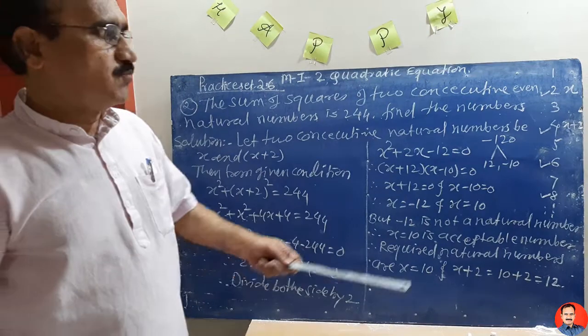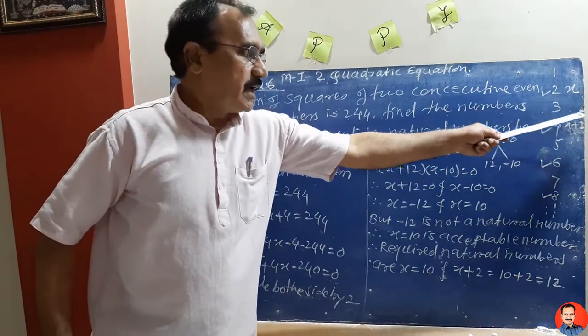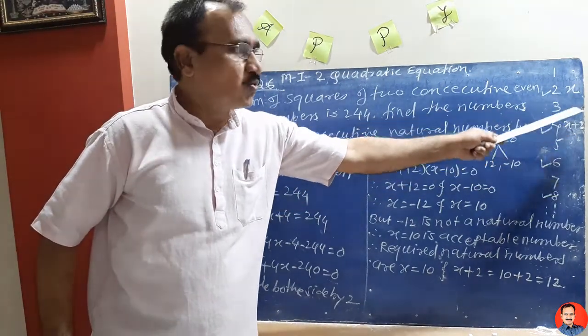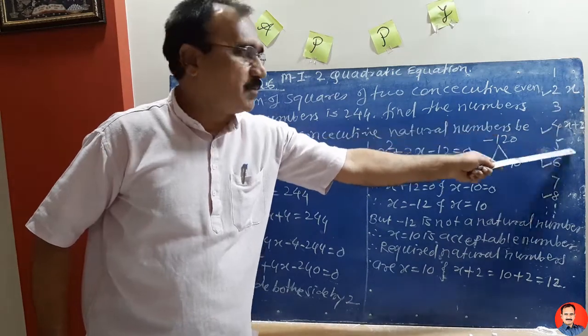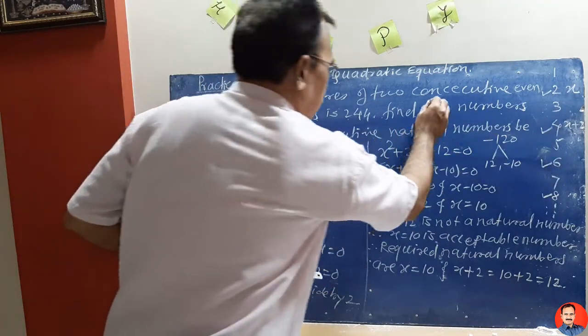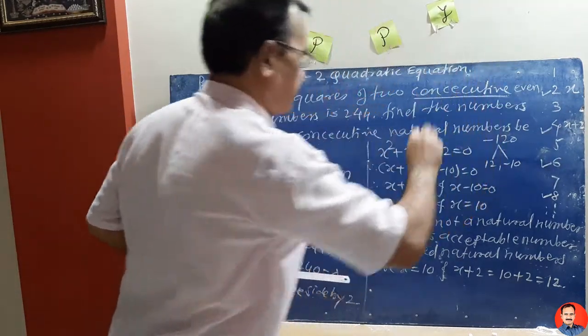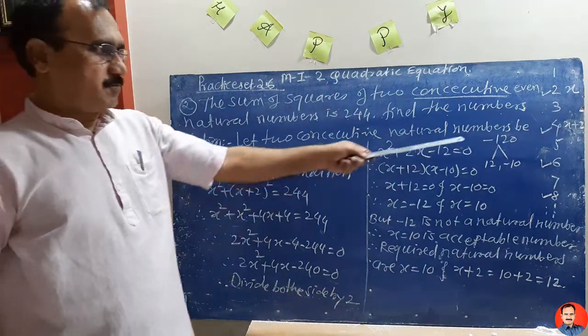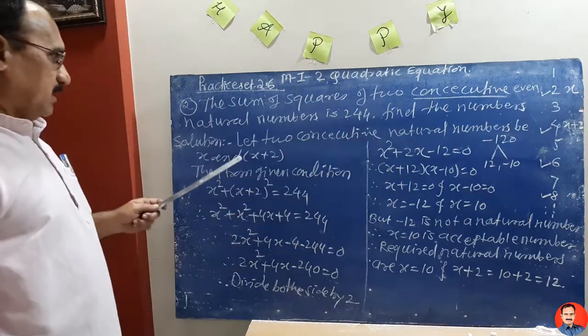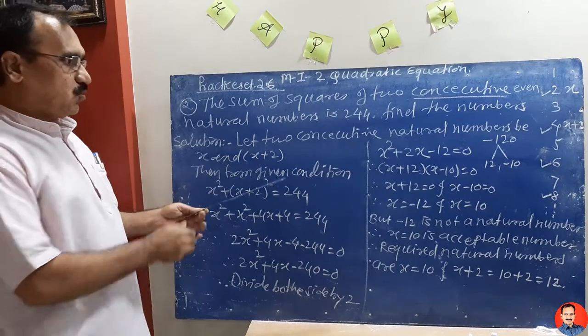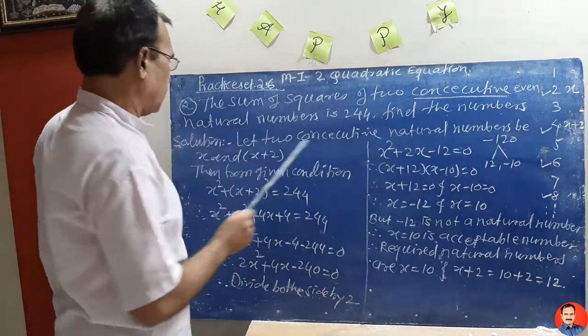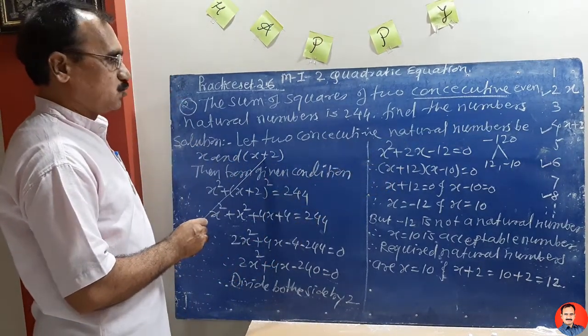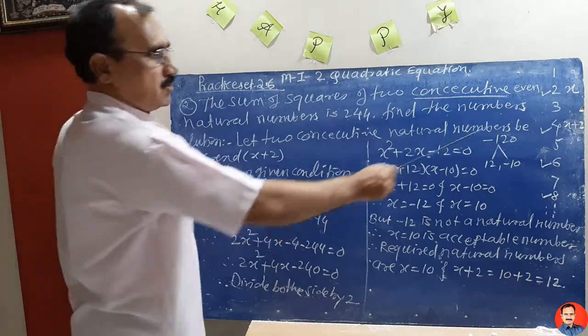That means we assume here x and x plus 2 are two consecutive even natural numbers. Consecutive means x and x plus 2 are the two numbers, and therefore let the two consecutive natural numbers be x and x plus 2.